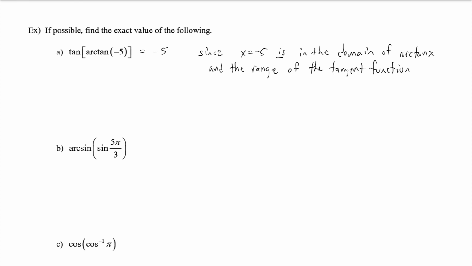All right, well, arc sine and sine, they should negate each other, right? We're hoping this just equals 5 pi over 3. That's the idea. Well, let's see if they will. So 5 pi over 3, that needs to be a possible output for inverse sine. Well, 5 pi over 3, if you think about where 5 pi over 3 is at, let me draw a slightly bigger picture here.